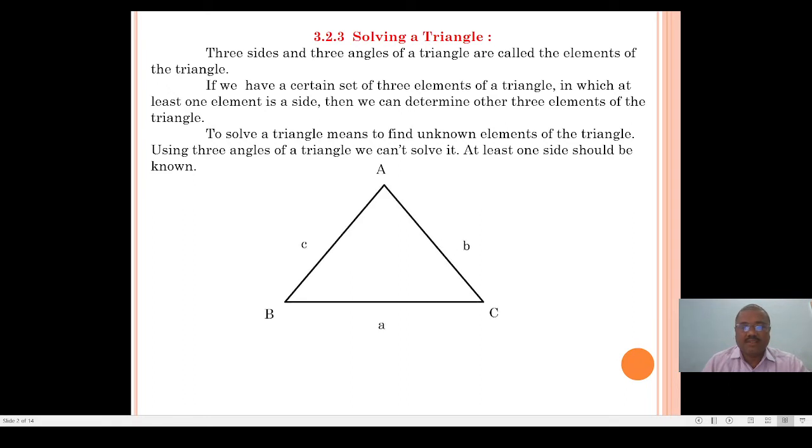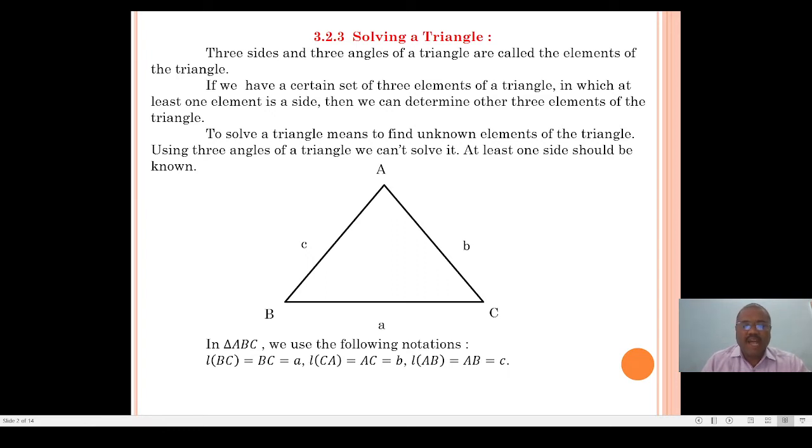See the figure. In triangle ABC, we use the following notations. Length BC is denoted by small a, length CA equals AC, which is b, and length AB is c.